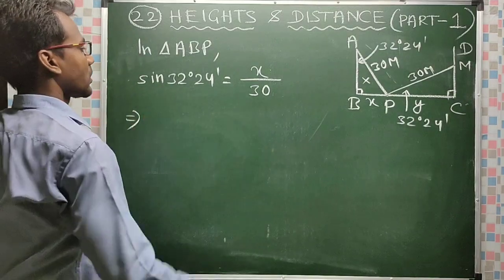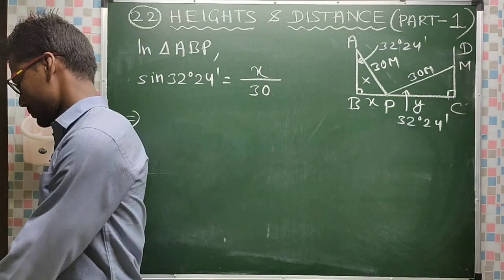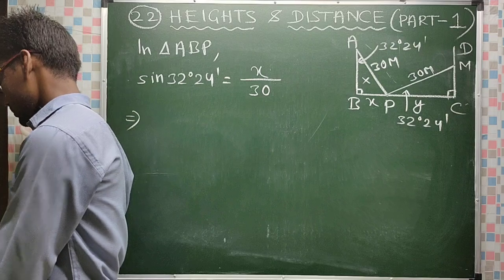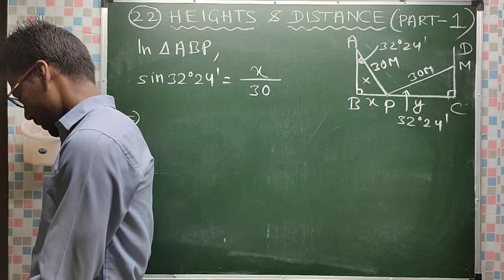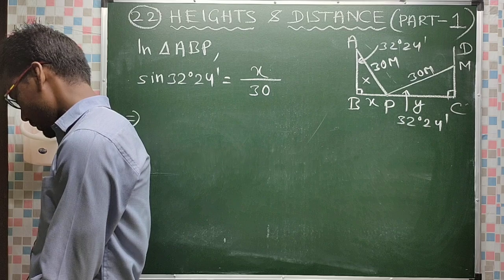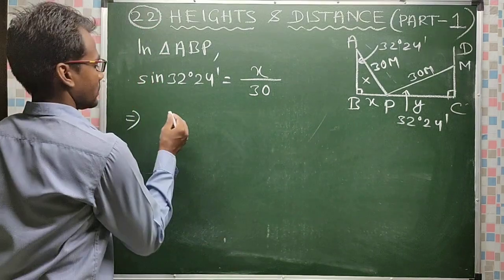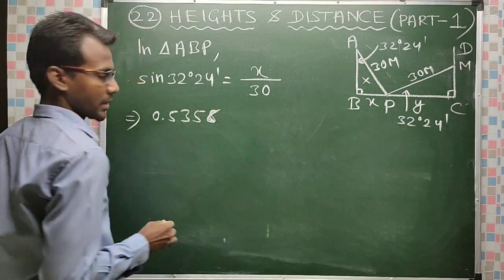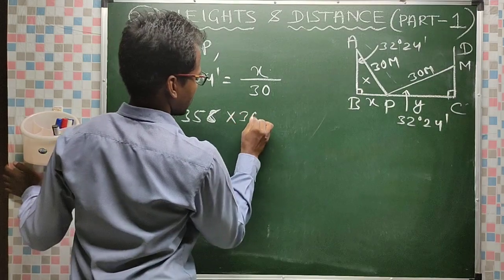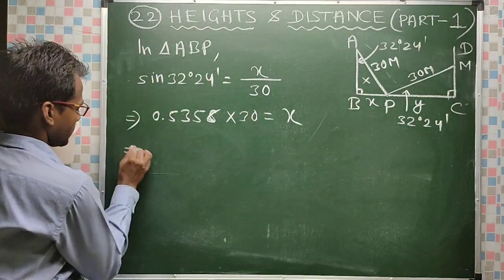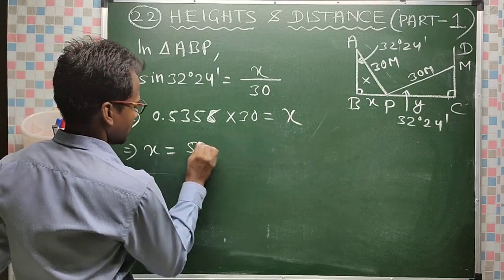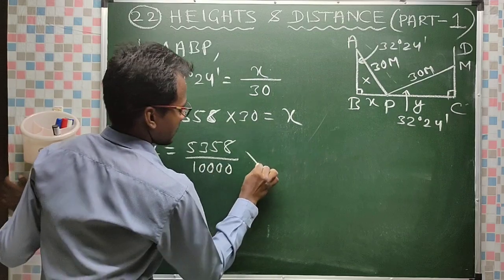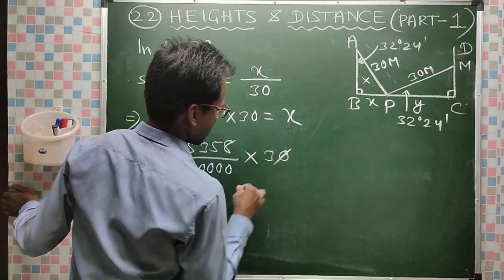Now let us find sine 32 degree 24 minutes from the table. Sine 32 degree 24 minutes is equal to 0.5358. Okay, 0.5358 into 30 is equal to X. Now X is equal to 5358 by 10,000 into 30.